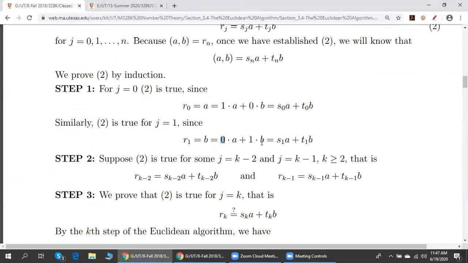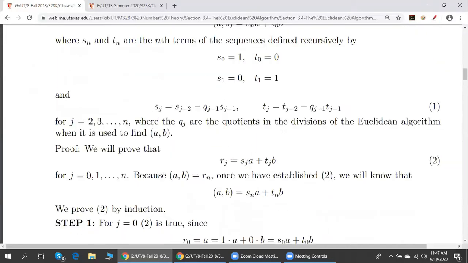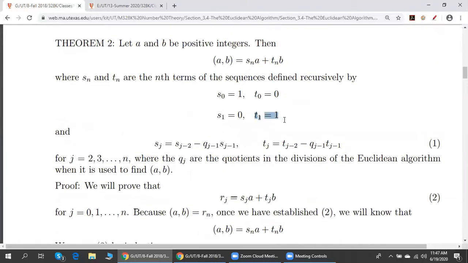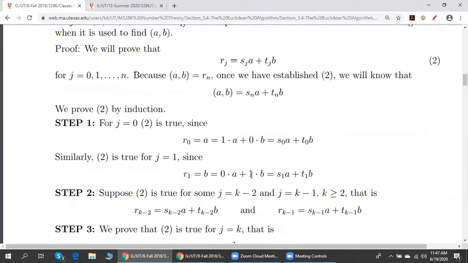So we replace 0 by S1. 1, according to what is written here, is equal to T1. So we replace 1 by T1. Conclusion, R1 is equal to this, which proves this formula for j is equal to 1.